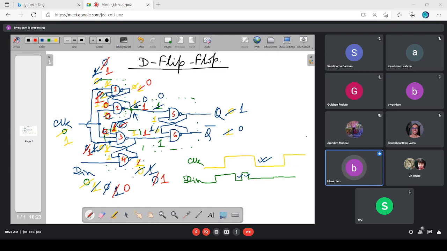Okay. So once again, when the rising edge of the clock comes, as this is 1, this is 1. Let me draw it again. Otherwise, I don't think you are able to perceive anything.